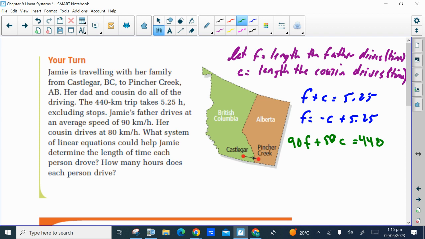Now, in the previous equation, we got F by itself, so we're going to do the same thing here. 90F will equal negative 80C plus 440, right? We subtract the 80C from both sides, and then we divide everything by 90 to get F by itself.